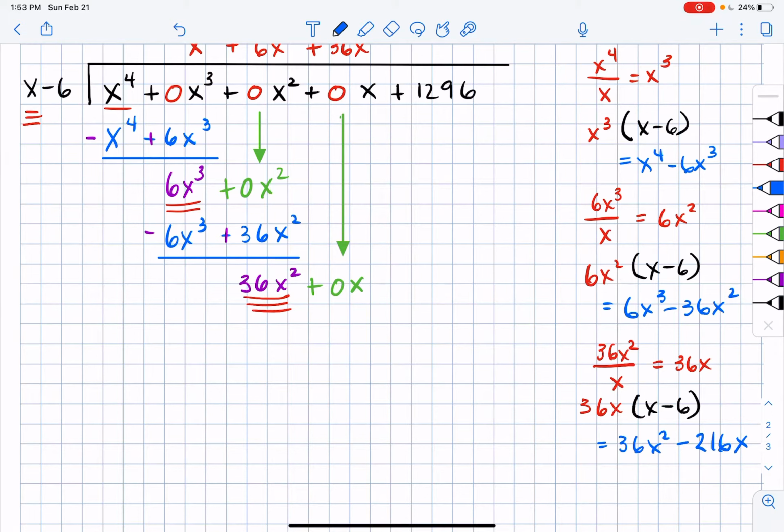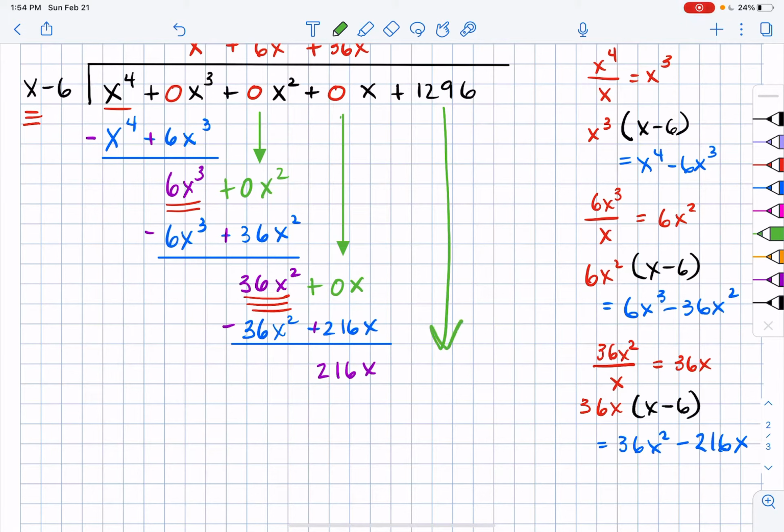Okay, so let's write that down: 36x squared minus 216x. Now flip the signs and add. I'm going to be left with 216x, and then I have to bring down the next one, plus 1296.